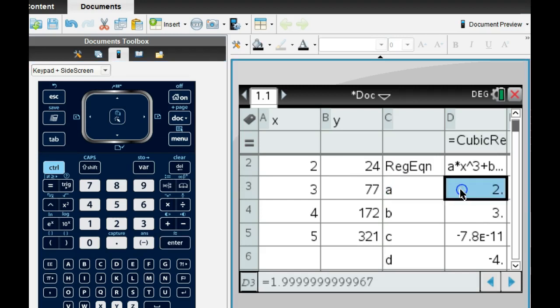Now, A is 2, B is 3. What is C? What does that mean? If you haven't been in this class very long, you need to know this. If you see something with an E with a negative number, that means 0. I don't know why the calculators sometimes give you weird stuff instead of 0, but that's 0 from now on. Cool? So you don't write it if it's 0. I just don't know if you're awake and listening, so I got to say it again. So 2, 3, 0, and negative 4. Let's write that down.